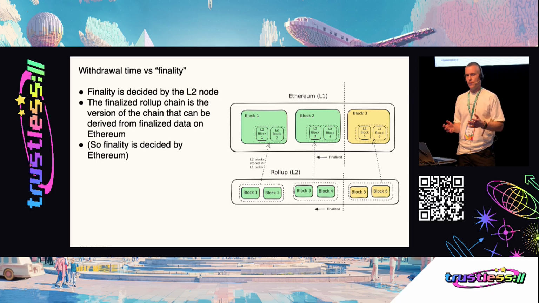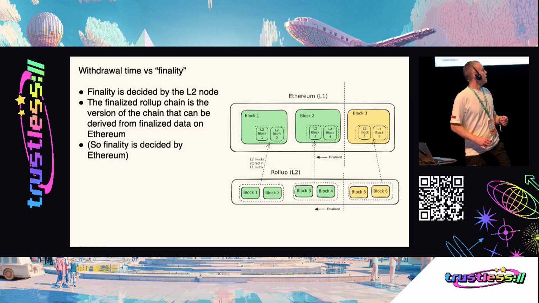If you have access to a node, you query its API, that is the canonical version of what is final. And just so that you understand how that ties back to Ethereum security, what the node considers to be canonical is what went basically round tripped through Ethereum, got finalized on Ethereum, and the L2 blocks were derived from the finalized Ethereum blocks.